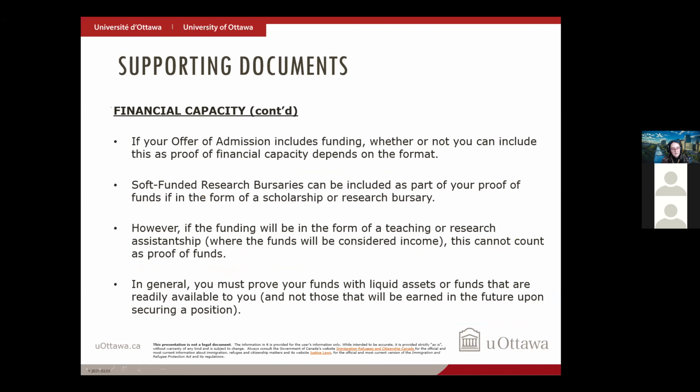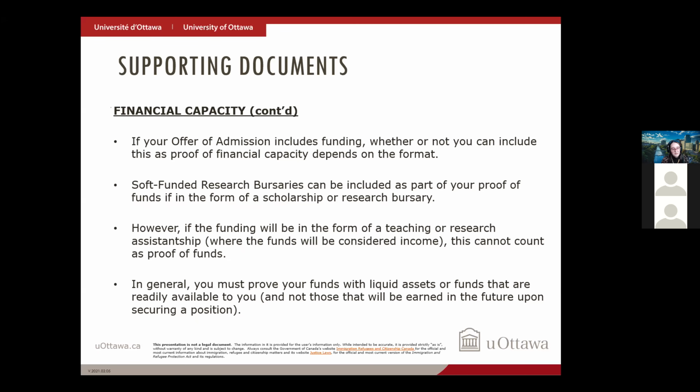Another question we get a lot about financial capacity is, let's say your offer of admission includes funding. Can I just upload my offer of admission as proof of funds if I have a scholarship that basically covers everything? Well, it depends on the format of the funding in your offer of admission. This is mostly at the graduate level.